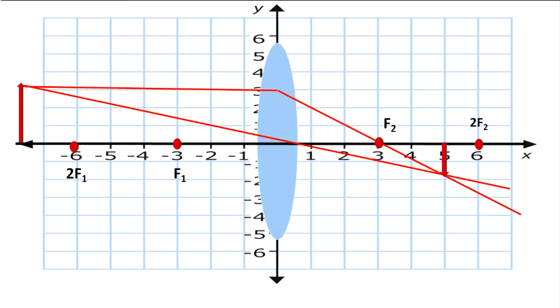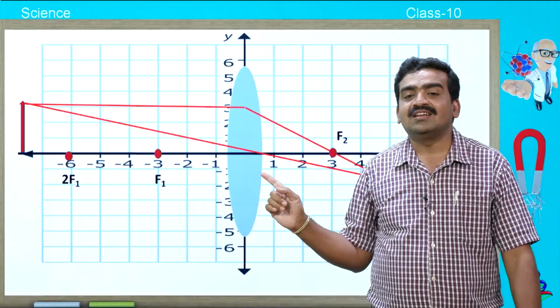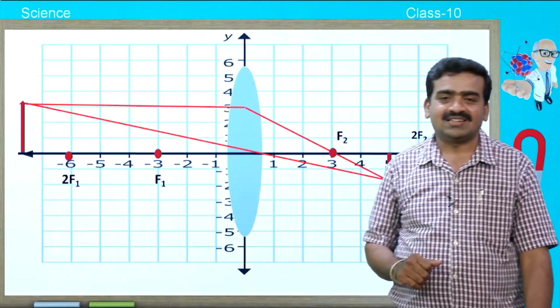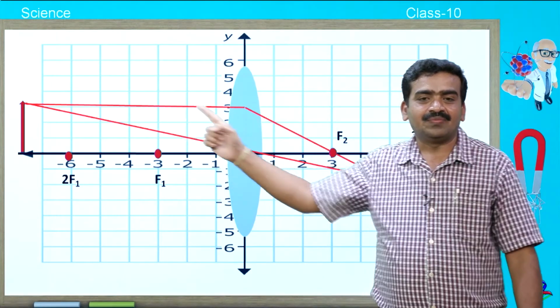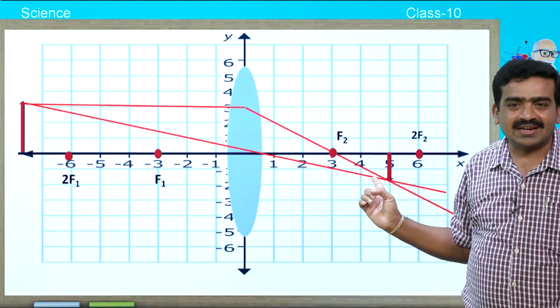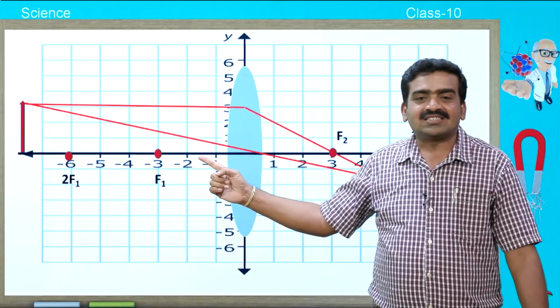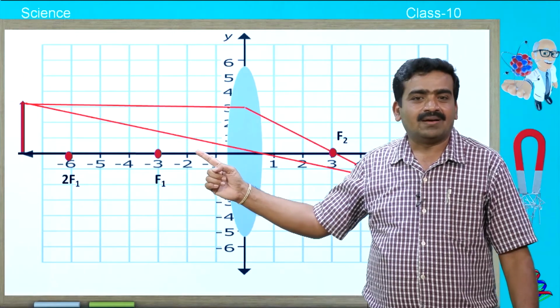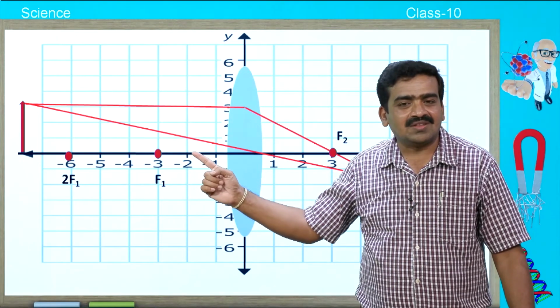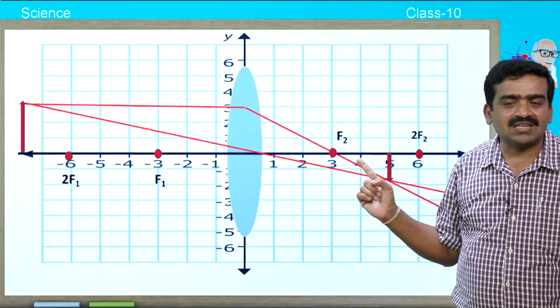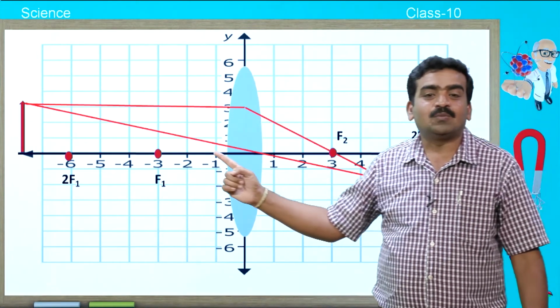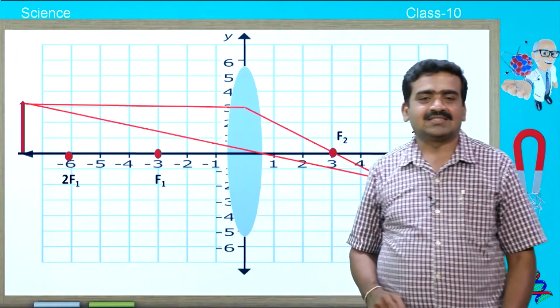That is why the height of the image is written with a negative sign. So, here the height of the object is positive, and the height of the image is negative. Then the distance of the object is written with a negative sign, and the distance of the image is written with a positive sign because of their position on the x axis.